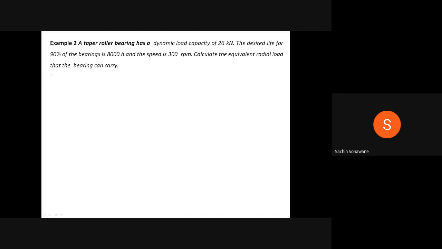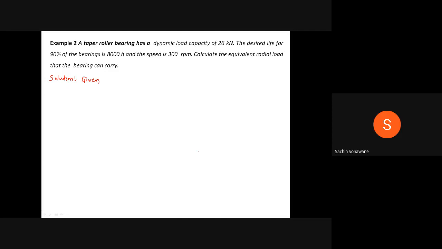Therefore, solution. Given data. Please write down the given quantities. We have to calculate the equivalent radial load.